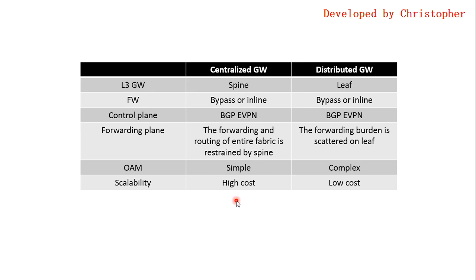You just add a pair of server leaf, that is okay. And to some extent, for both solutions, the centralized gateway and distributed gateway, you will add one more pair of spine, only if the physical interfaces on the spine have been used.